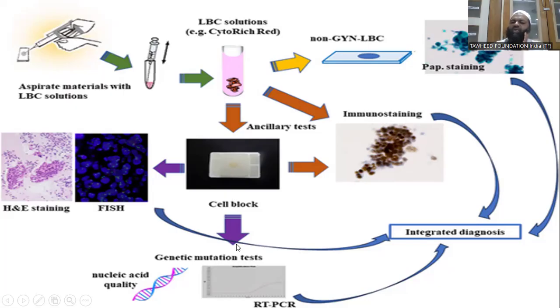Then the cell block is tested for genetic mutation, RT-PCR, and an integrated diagnosis is made. The cell block is also sent for FISH analysis and HND staining, and with FISH and HND staining, if there is some abnormality, a diagnosis can be made.